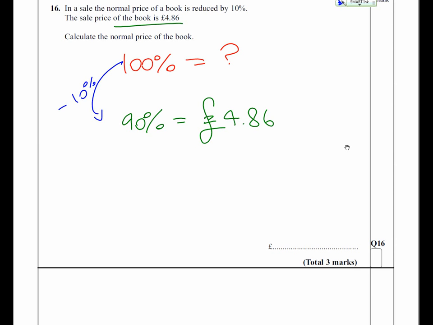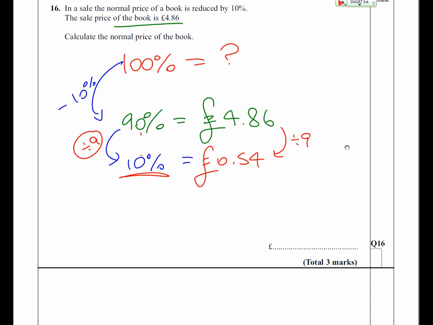Okay, so if we want to calculate this with our calculator, we could actually think, well, what's 10%? If you have 90, you don't just divide by 10 to get 10%, you have to divide by 9, because you've got 9 lots of 10%. So on your calculator, do 4.86 divided by 9. That gives you 0.54.